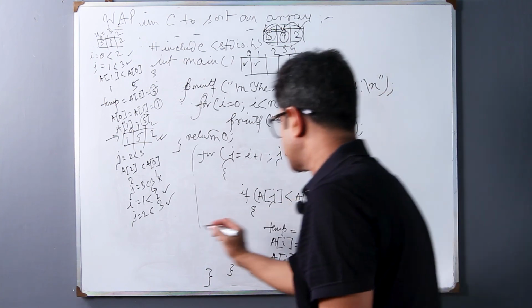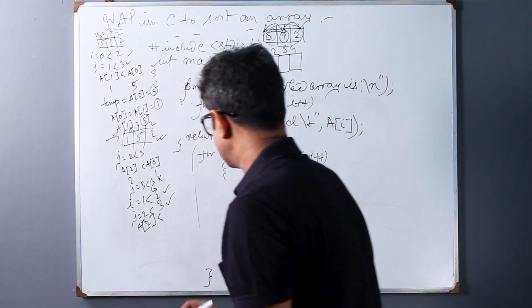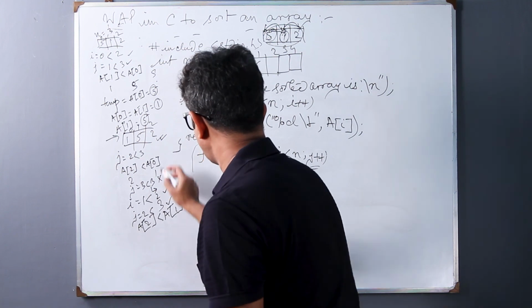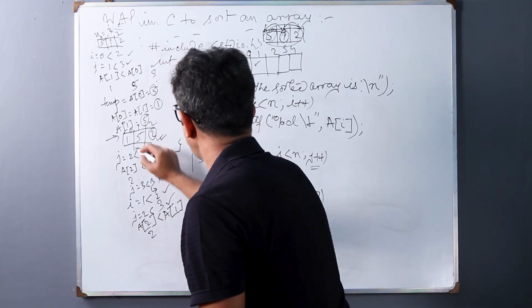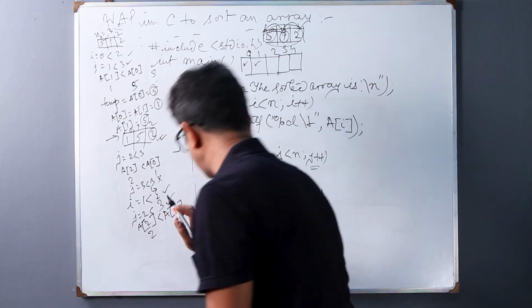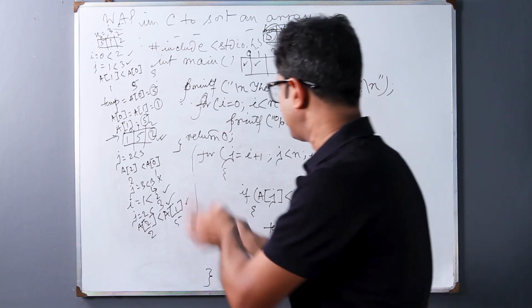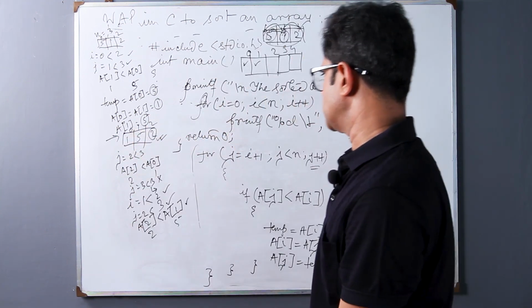If aj is less than ai, aj means a2, less than ai means i is now 1, a1. So a2 is 2 and a1 is 5. So 2 is definitely less than 5, the condition is satisfied. Now the swapping takes place and this 2 and 5 get interchanged in terms of their positions.